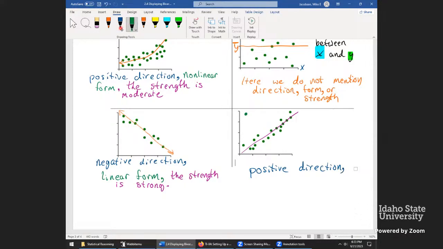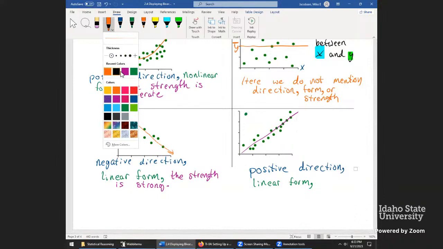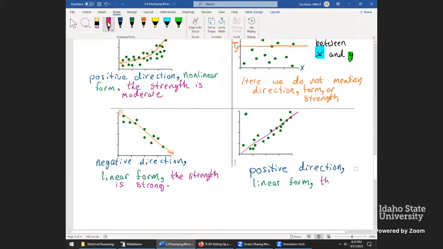Next, a straight line fits these points really, really well. So we can say linear form. And, well, you know, this plot's not too different from this one. The points are pretty close to it, save that one single point. So we can say, once again, the strength is strong.